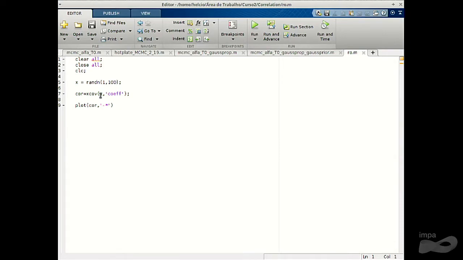The rho. So this is 1, and then it drops to 0, okay? In the case of a Gaussian distribution, since the samples are completely independent, I'm sampling independently from this Gaussian distribution, this should drop to 0 and keep oscillating like noise.